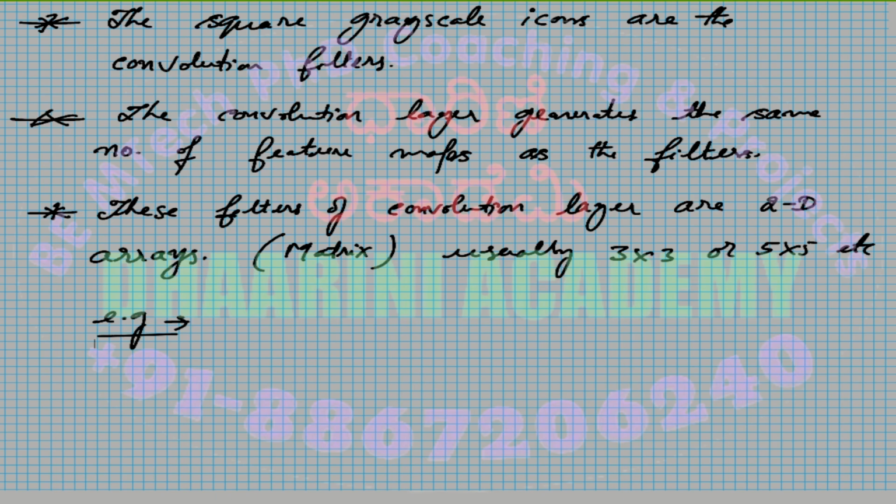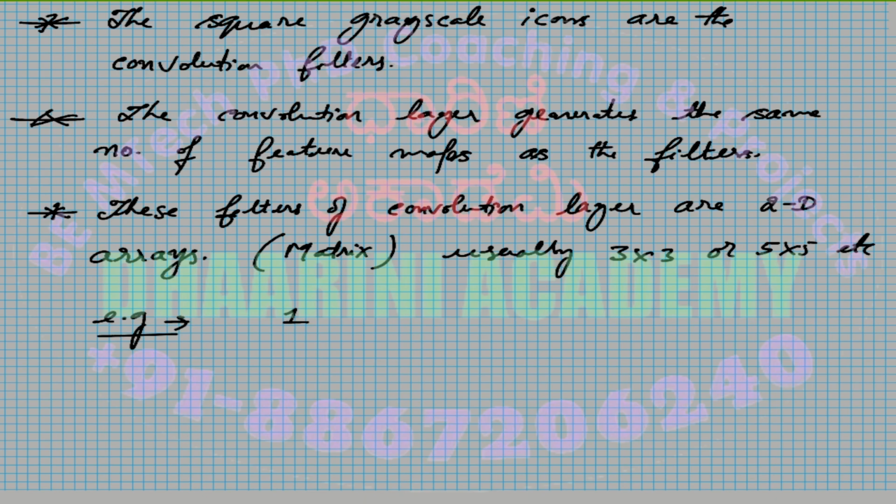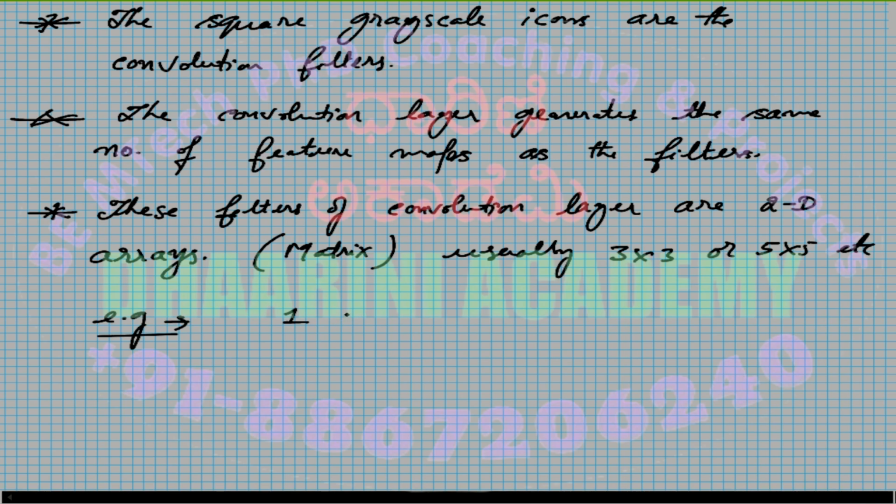For example, let me consider a matrix. You can have a filter such as 1 1 0 0 1 0 1 1 0 0 1 0 1 1 1 0 0 1 1 0 0 0 1.